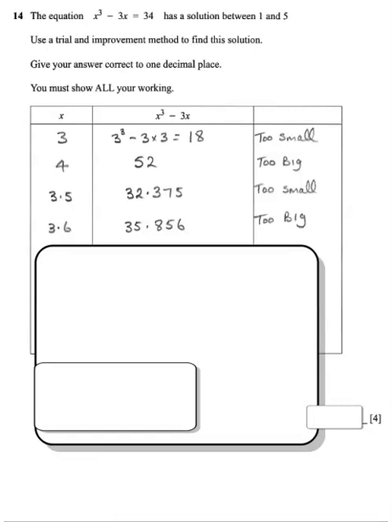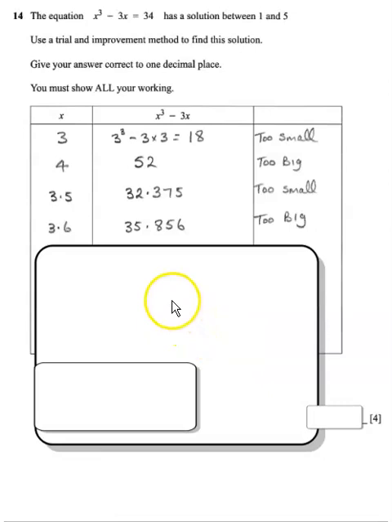Compare that with 34 and we find that is too big. Now we know that 3.5 is too small and 3.6 is too big, and the question says give your answer correct to 1 decimal place. So either 3.5 or 3.6 is the answer to this question.